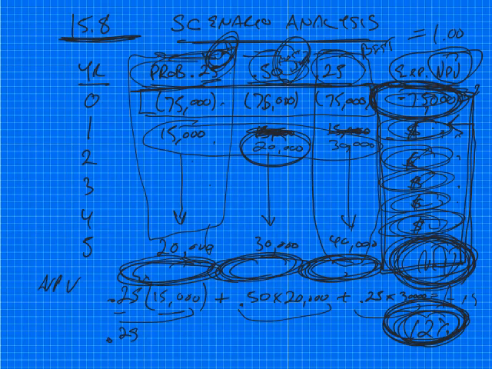0.25 times whatever you got here, the net present value, I'll call it worst case, plus 50% probability times net present value most likely, plus 0.25 times net present value, and that's what we're calling best case.